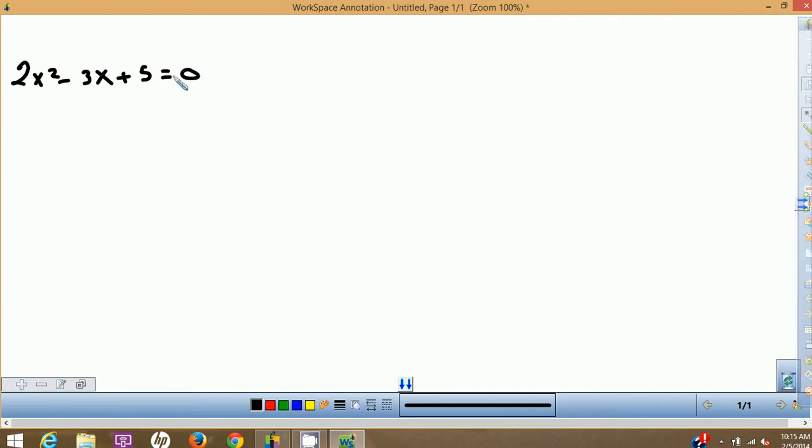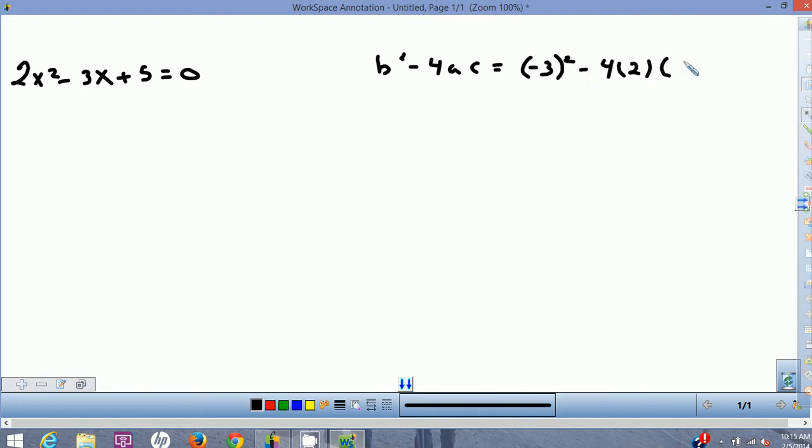If we take this and we figure out what the discriminant is for this quadratic, we get b squared minus 4ac is equal to negative 3 squared minus 4 times a times c. We've simply substituted into that formula, b squared minus 4ac, to find the discriminant. And that would be equal to 9 minus 40, and 9 minus 40 is negative 31.